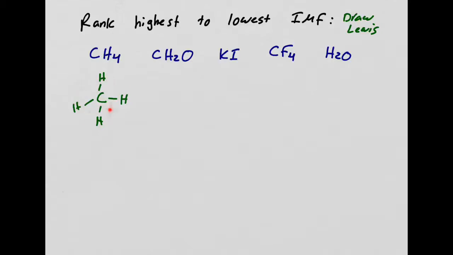Now, I have two nonmetals together, so that's covalent. If it's covalent, you have to look at whether it is polar or non-polar. CH4, is that polar or non-polar? It's non-polar. Hopefully you remember the last chapter. So if you're covalent and non-polar, the only option you have is London dispersion.